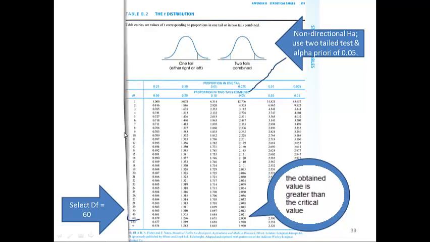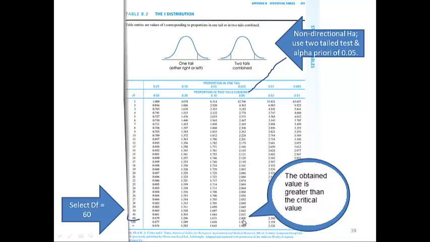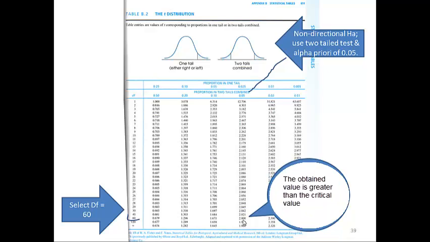Our degrees of freedom column is here. We come down to 60 because that's closest to our sample size of 62. And we read across where these 2 columns intersect, and we see that our critical value is 2.001. And so we know that we have significance.